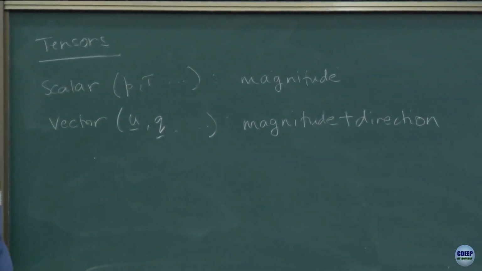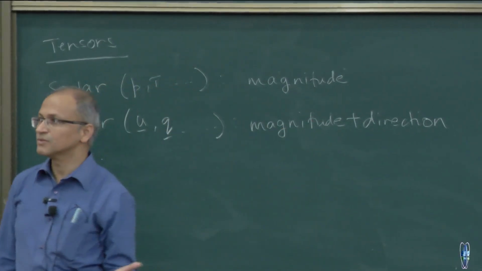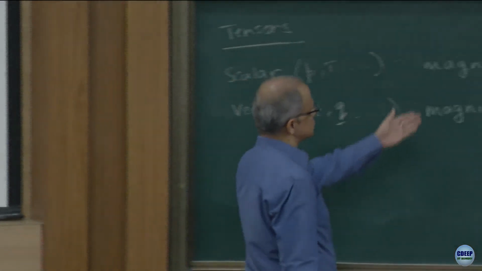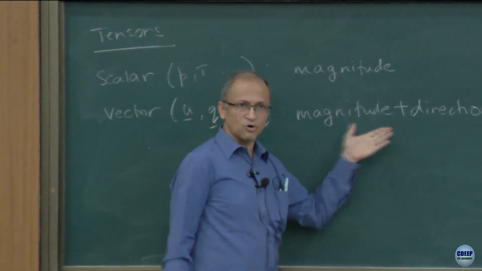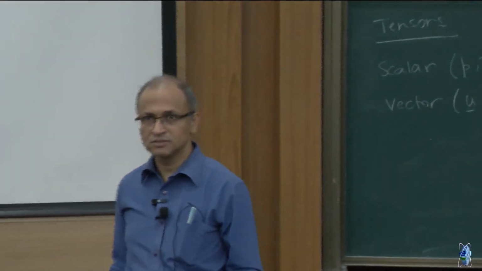If you write it out like this, you realize that any physical quantity is going to have a magnitude. Without magnitude, it is meaningless. Magnitude is always there, but you can have no direction in one case or one direction in the other. Now the question arises, can we have a physical quantity which has two directions?